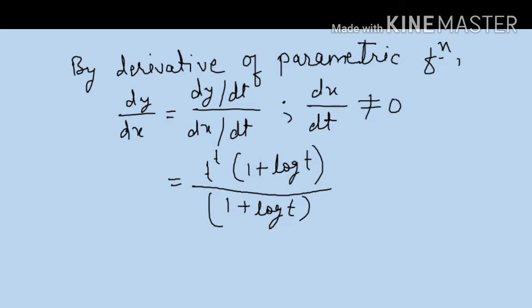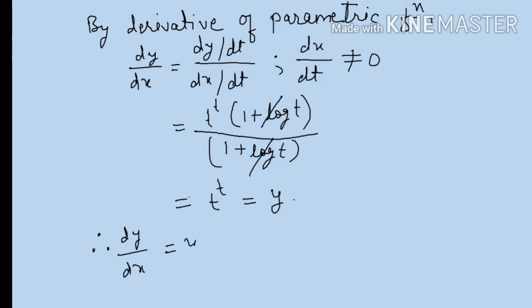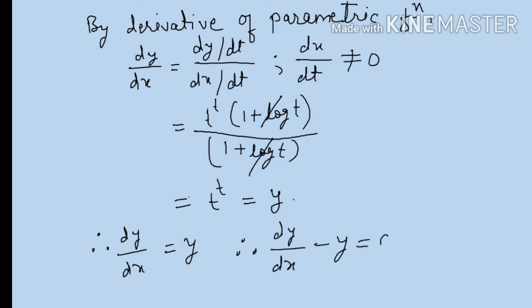So 1 plus log t gets cancelled and you get t raised to t. But t raised to t is nothing but your y. So therefore dy by dx is equal to y, or you can write it as dy by dx minus y is equal to 0. This is what we had to prove. So write hence proved.